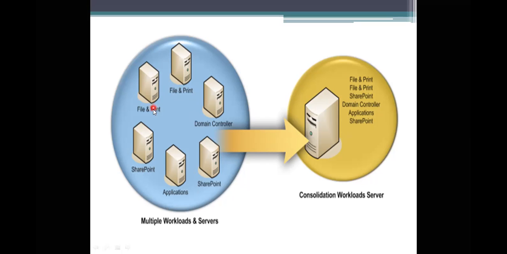We can't say that these 2 servers are busy all the time. When you install these 2 servers, you have the requirement to maintain 2 servers for sharing, file allocation and printing.